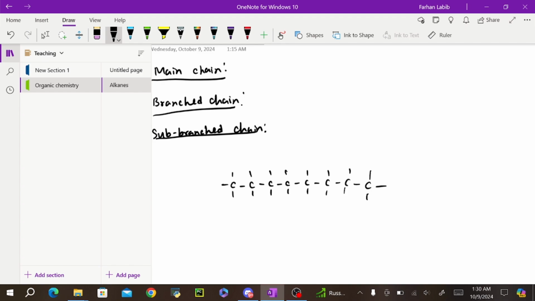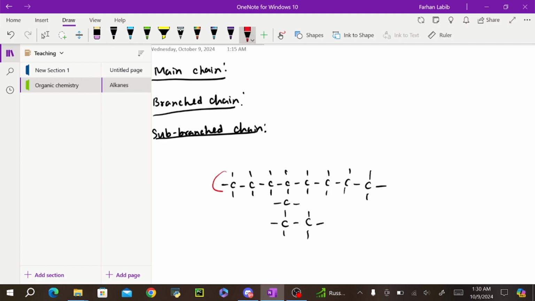Let us consider this is a main chain, and with this main chain we will find that another chain is connected. This one is the branch chain, and if we find any branches on this branch chain, we will call it a sub branch chain.